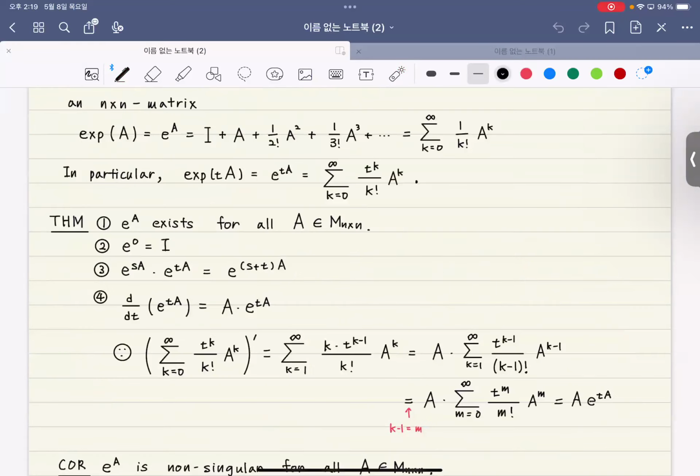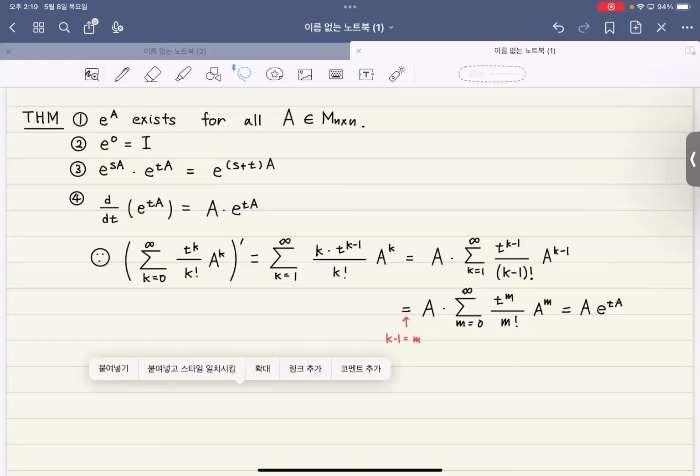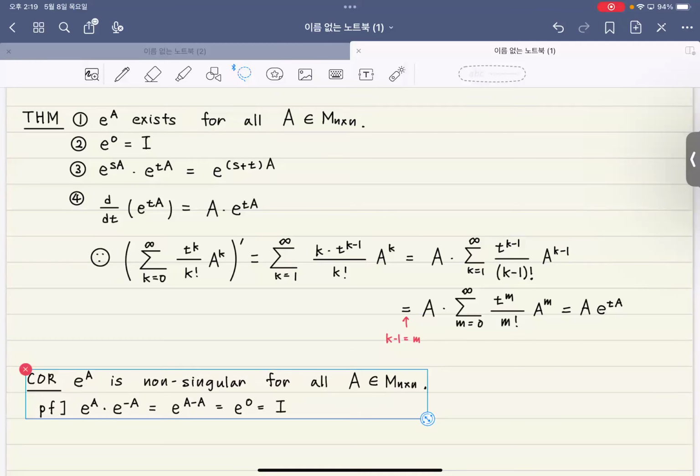There is a quick corollary. The matrix exponential is always a non-singular matrix. Even if your matrix A is a singular matrix, e to the A is always non-singular.